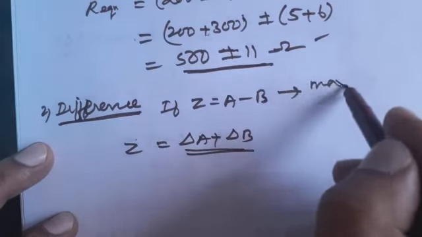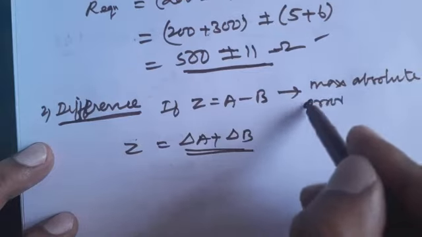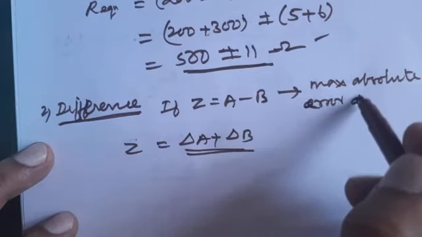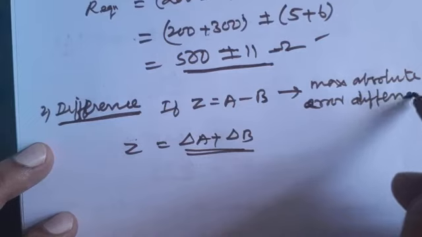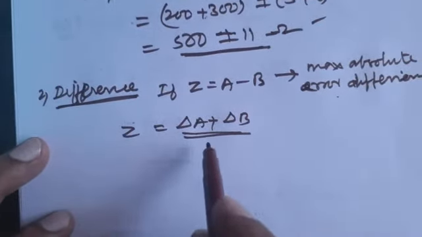So the maximum absolute error in difference is again delta z equal to delta a plus delta b.